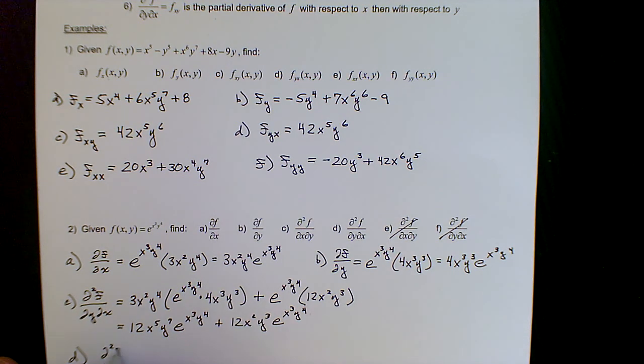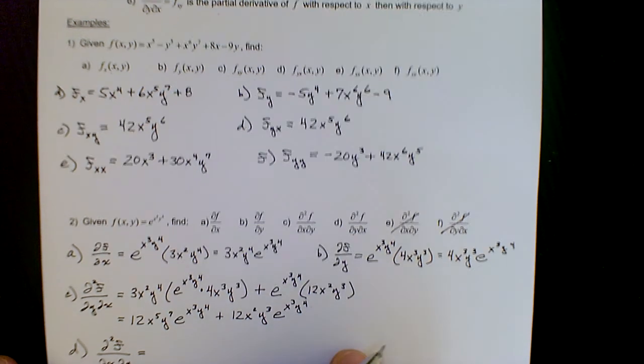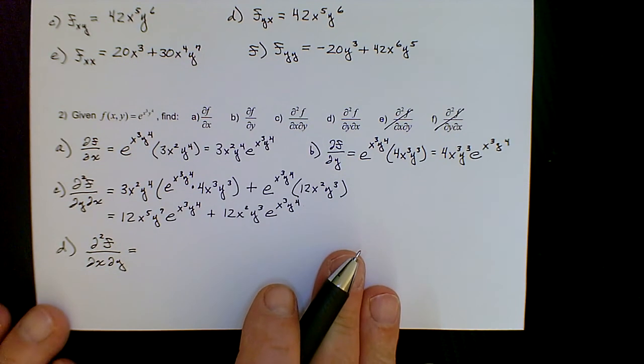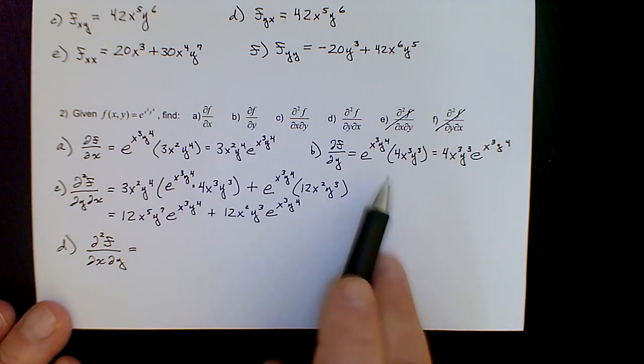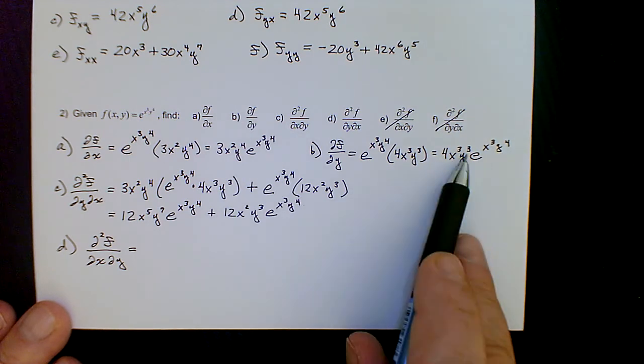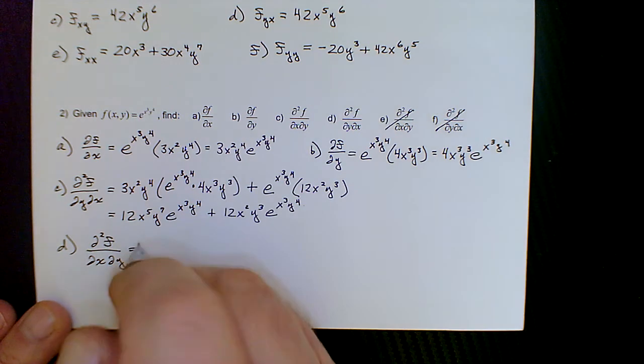So now the second partial of f with respect to x after taking it with respect to y. So now we're going to focus on part B solution, and so we're going to need the product rule again for the same reason. So function of x times a function of x.